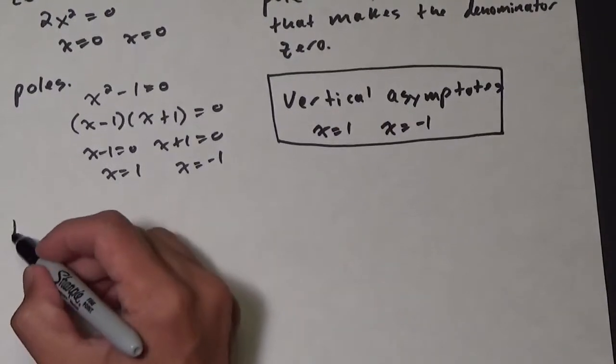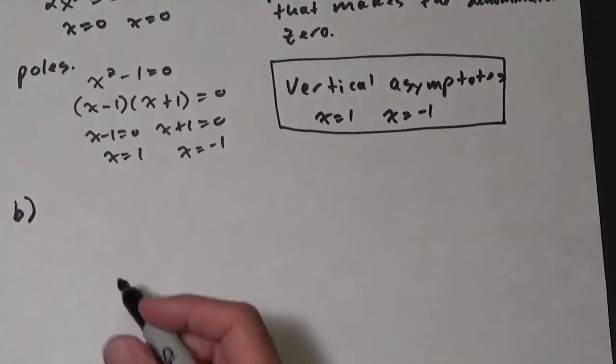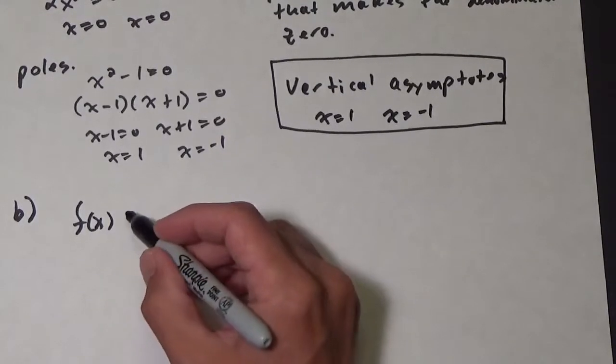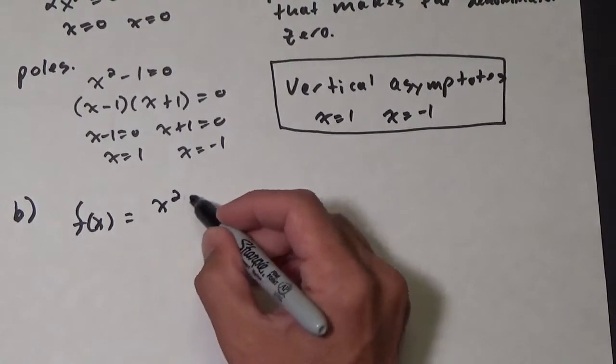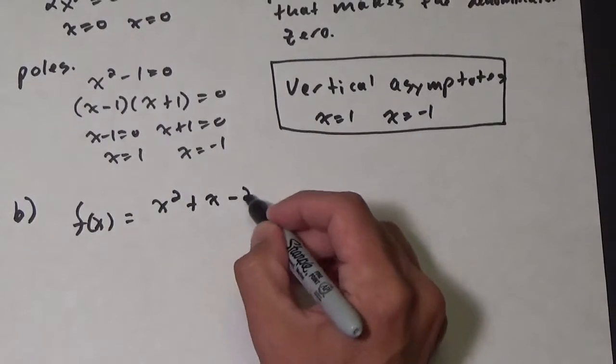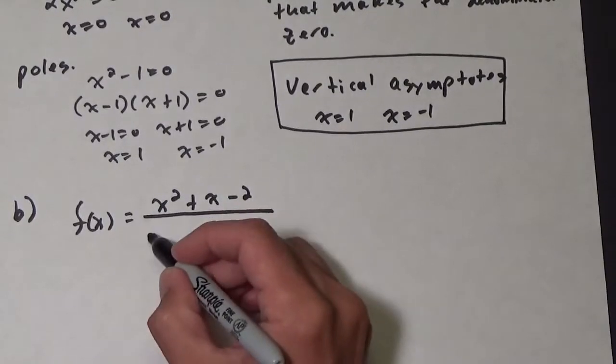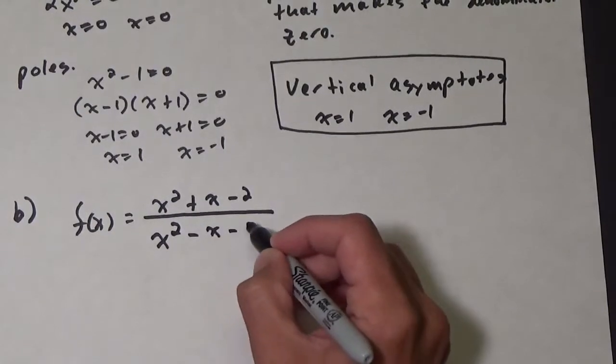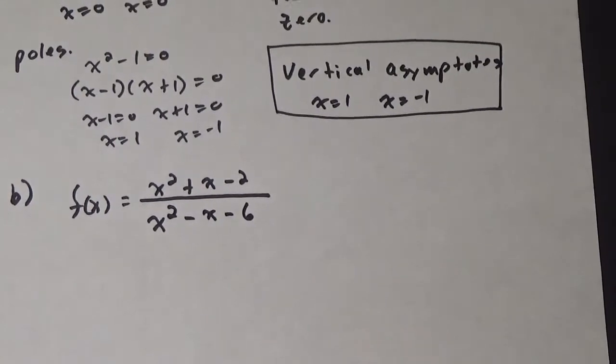Let's try another example, just to make sure we understand it. Let's say we want to evaluate f of x equals x squared plus x minus 2 all over x squared minus x minus 6. Okay, so we want to see if there are any vertical asymptotes or discontinuities for this particular rational function.